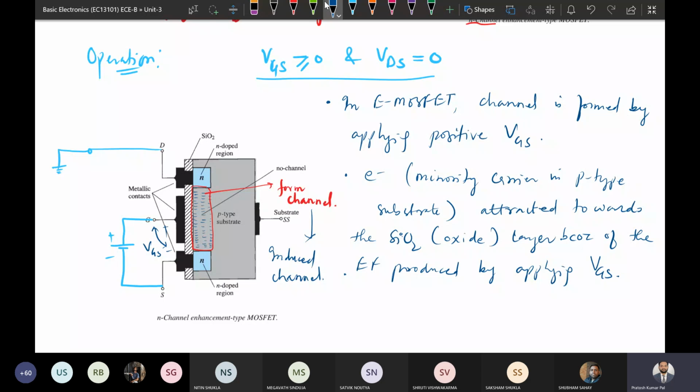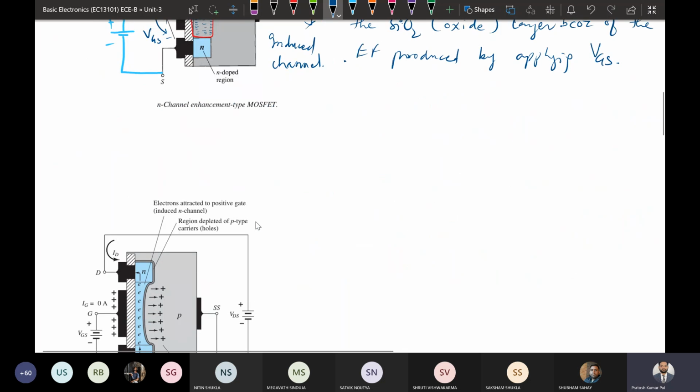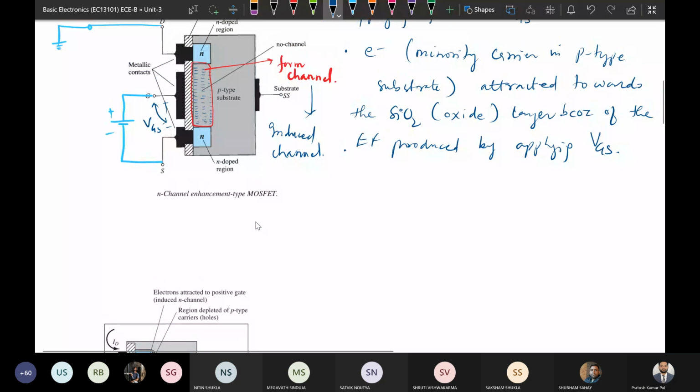So the current flowing in that case will be zero. You can write: ID will be zero if no drain voltage is applied.